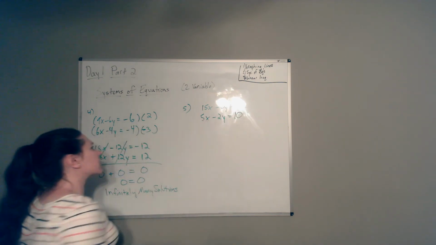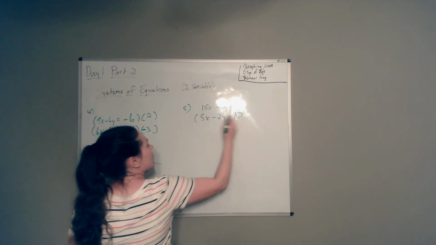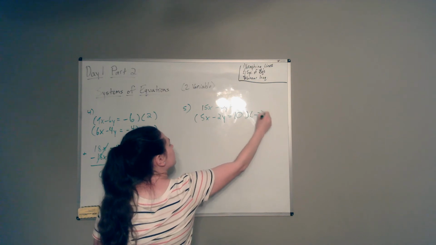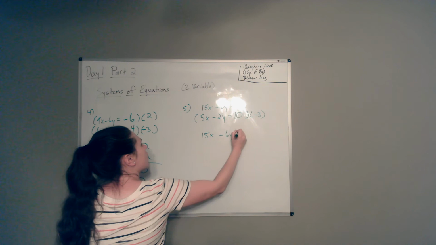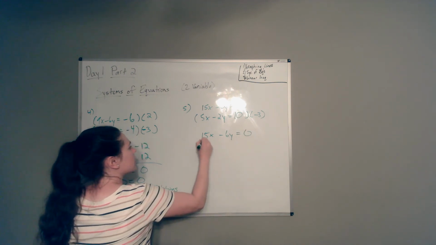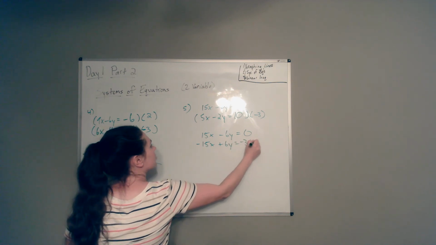And so we can see we're going to want to do elimination again here. So I would just multiply this equation by negative 3. So we get 15x minus 6y equals 0. Negative 15x plus 6y equals negative 30.